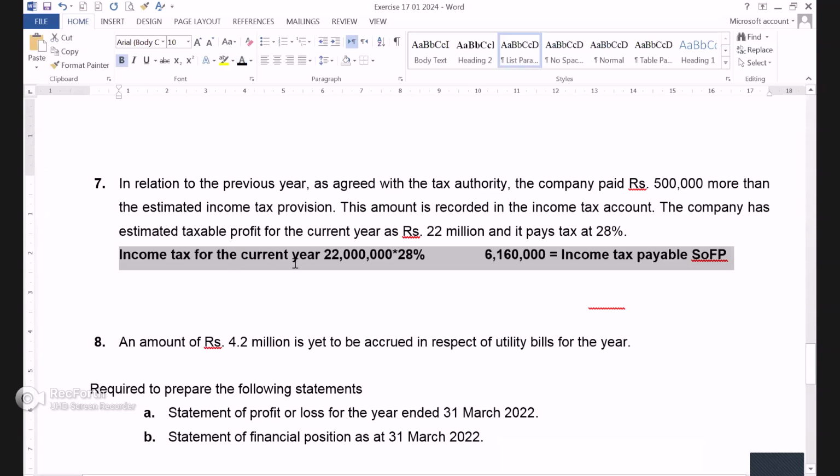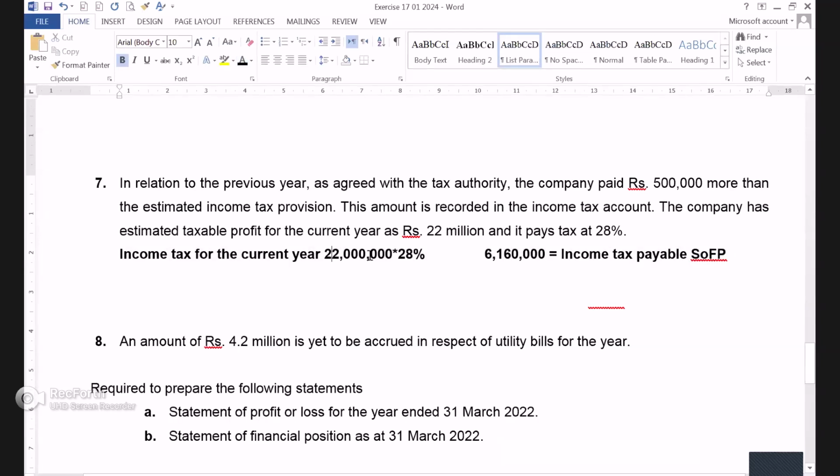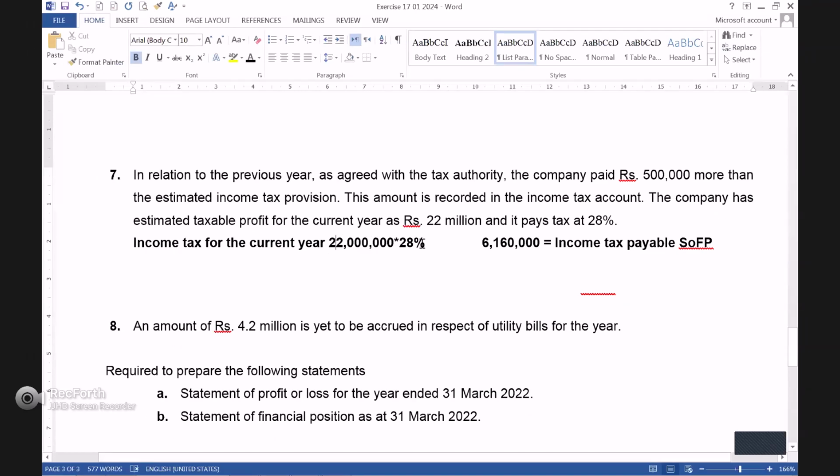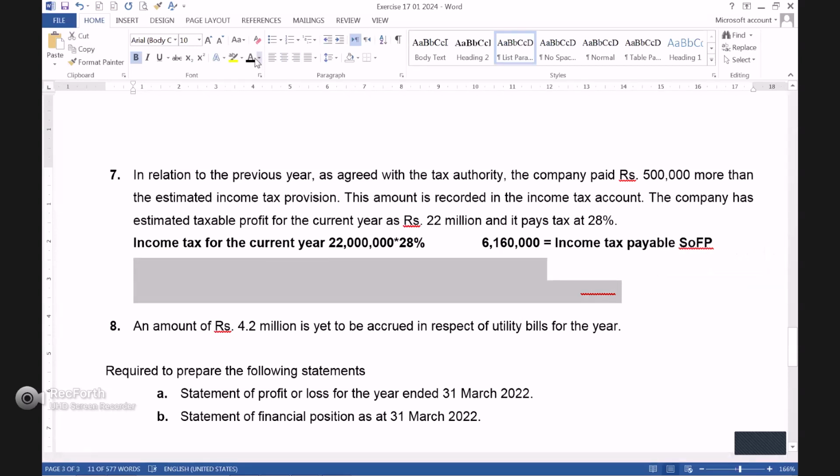In the current year, income tax is 22 million into 28%, so the income tax payable in the statement of financial position is 6.16 million. Then the 500,000, is it over provision or under provision?